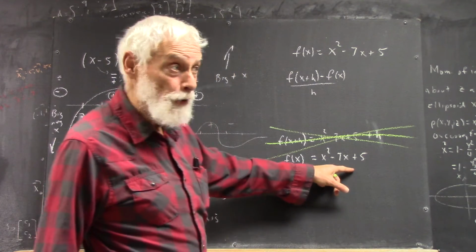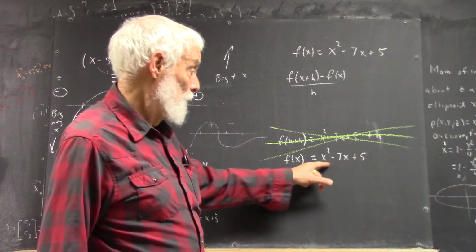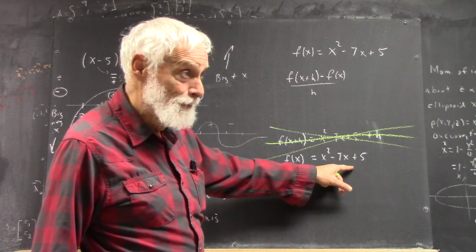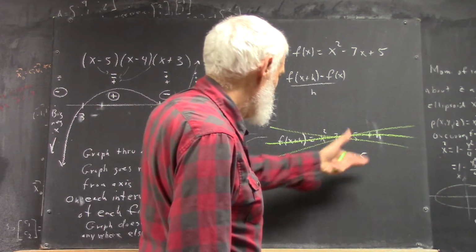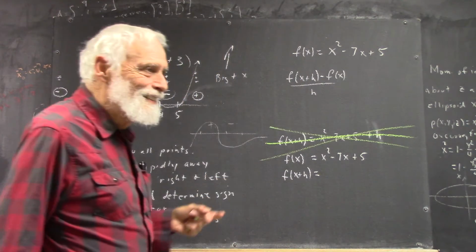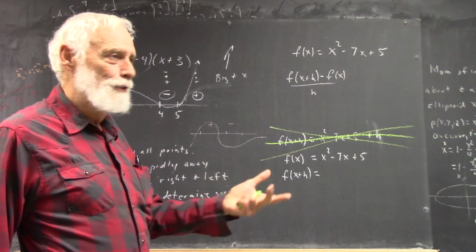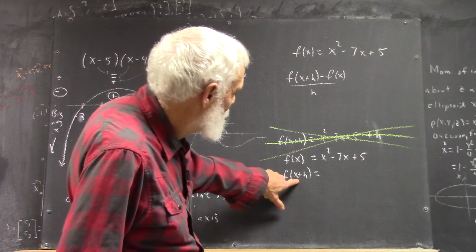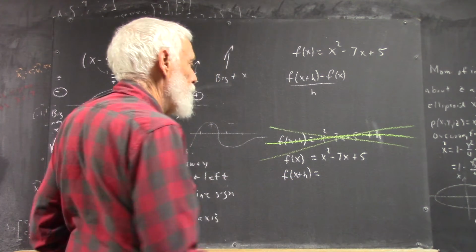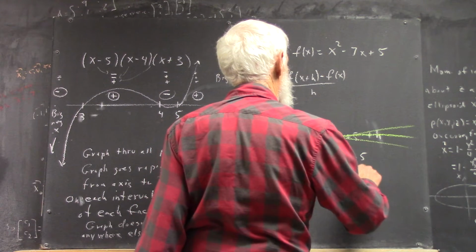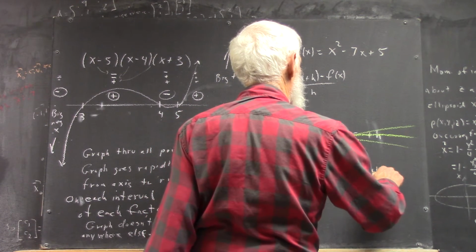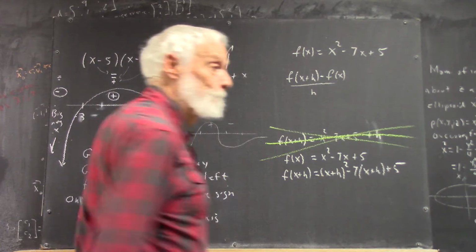So what does f of aardvark equal? Well, it'd be aardvark squared minus 7 aardvarks plus 5. So f of x plus h is x plus h squared minus 7 times x plus h plus 5.